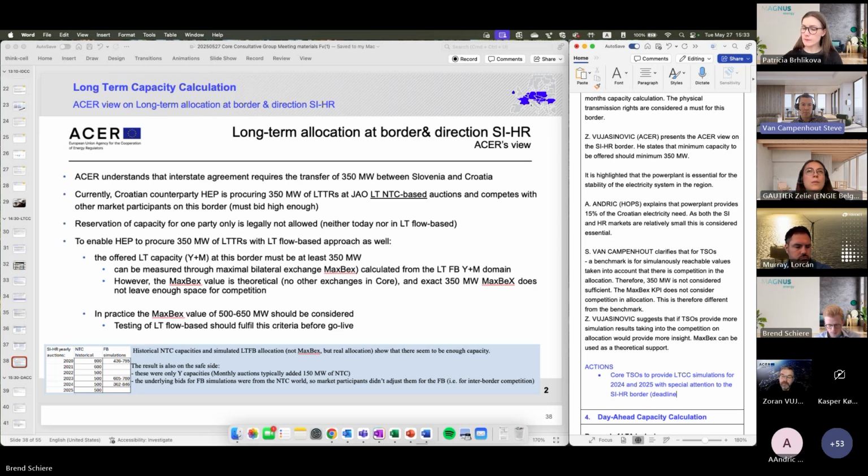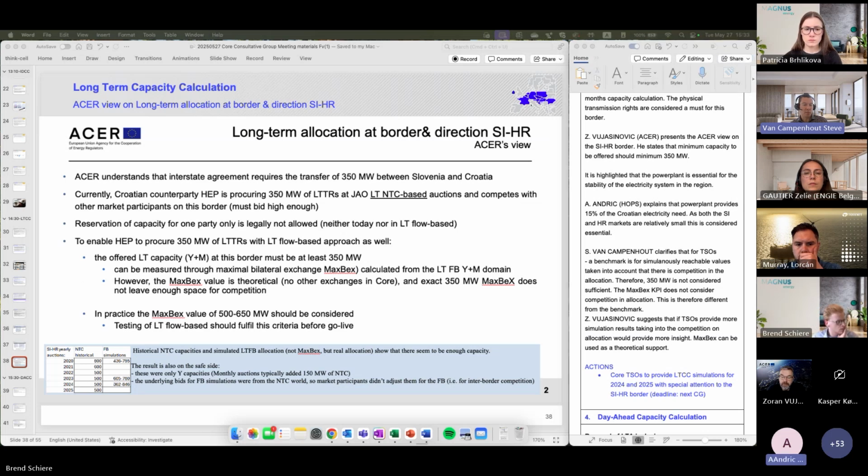One additional point, maybe, because we expressed an expectation regarding using real bids as TSOs in all the allocation work. I think we have to accept this kind of limitation.